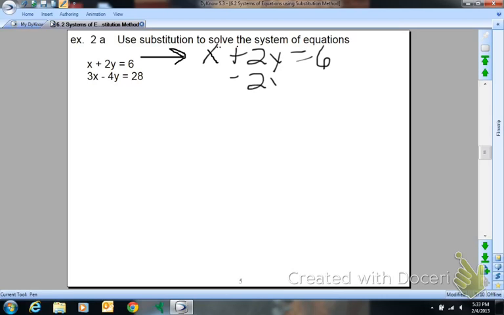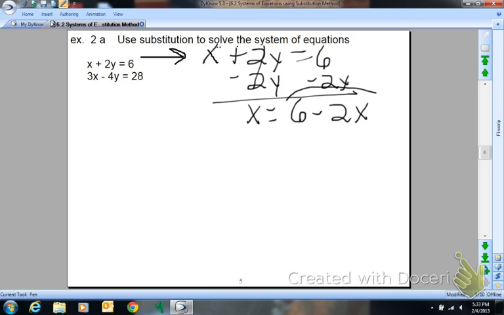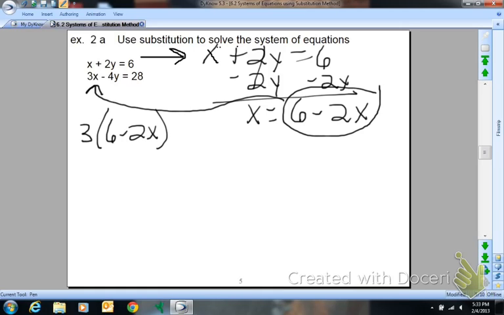So we're going to subtract 2y. To avoid having a negative in the very first term, we're going to write it as 6 minus 2x. Okay, so now we're going to plug in 6 minus 2x into the second equation for x.